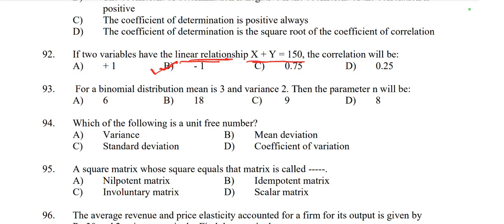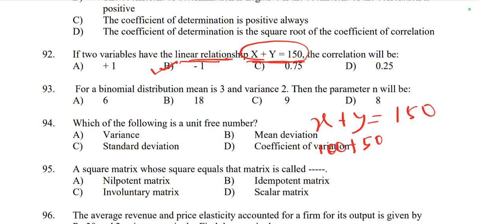In the equation x plus y is equal to 150, as x increases, y must decrease proportionally by the same amount to maintain the sum of 150. If x is 100, then y is 50. If we increase x to 120, then y decreases to 30, because the total is 150.